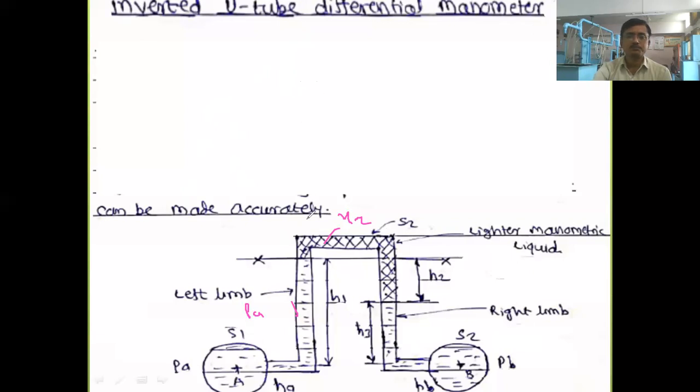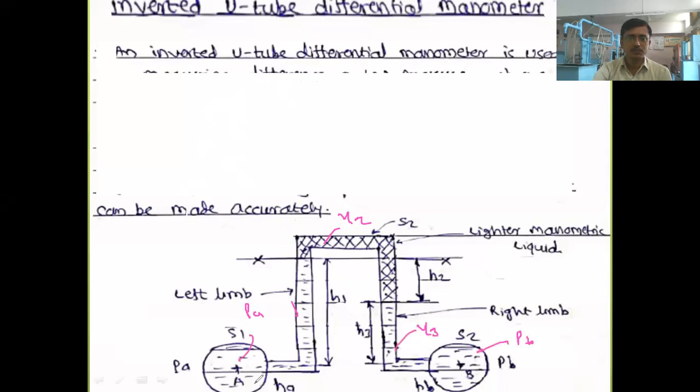See here, in the inverted tube manometer, pressure intensity PA is a positive pressure. Where will this pressure act? Here, in upward direction, right? This pressure PB, in which direction is it going to act?